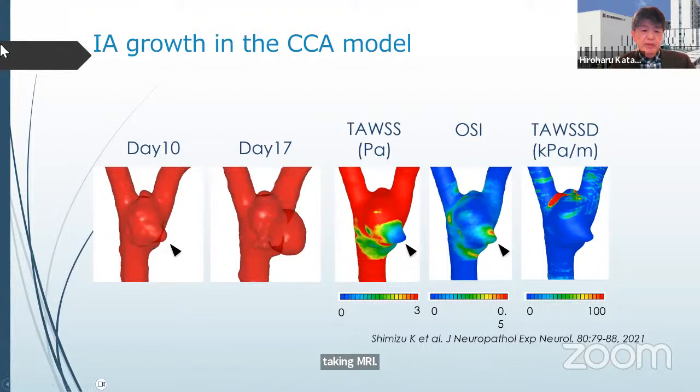In this aneurysm, this portion will grow in the future, and this portion has high wall shear stress, low wall stress, and high OSI by CFD analysis. OSI is the oscillatory shear index, and it means directional changes of wall shear stress during a cardiac cycle. Simply, high OSI means a complex flow.